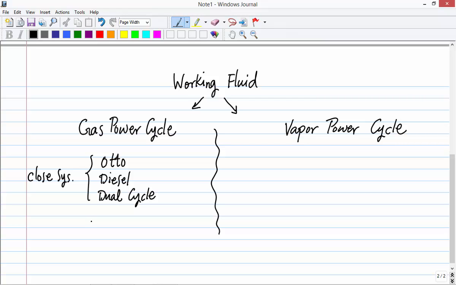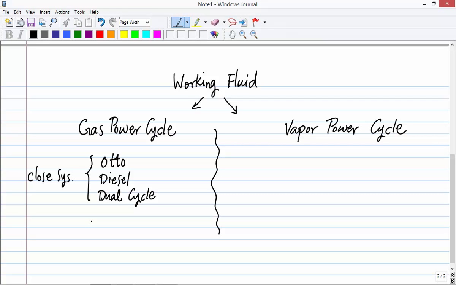As soon as the fuel mixture gets into the cylinder piston device, it will be trapped there, and then the combustion, compression, and expansion will happen. And everything would be closed. All the inlets and outlets would be closed. So that would be a closed system.